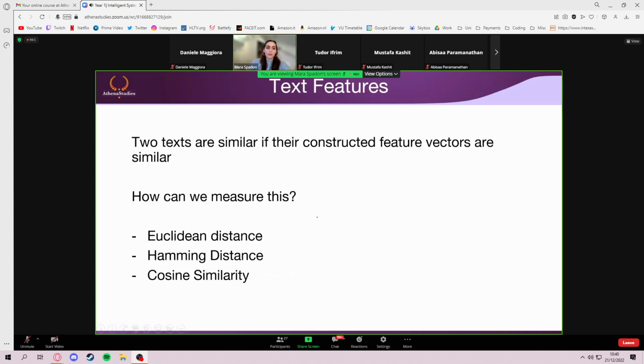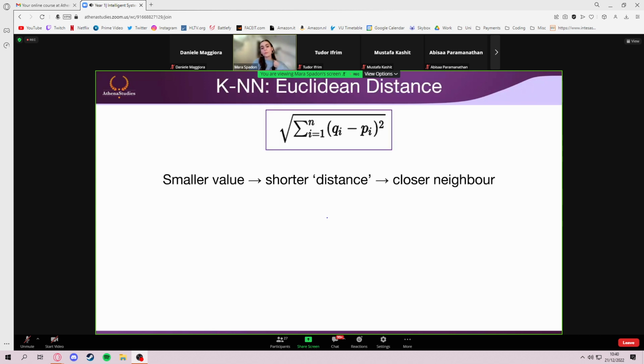So then we want to see if 2 texts are similar, if their constructed feature vectors are similar. So we use that using text features. So how can we measure this? We have 3 ways of measuring whether texts are similar, namely Euclidean distance, Hamming distance, and cosine similarity. So let's just go through all 3 of them together. So here we have the Euclidean distance.